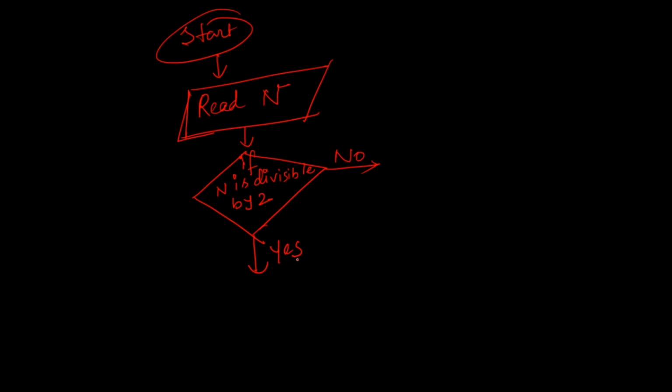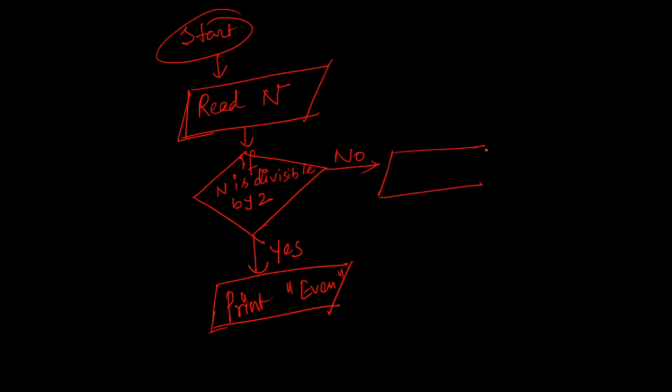If it is divisible by 2, then as we have learned, we'll print even. And if it is not divisible by 2, then we are going to print odd, right?